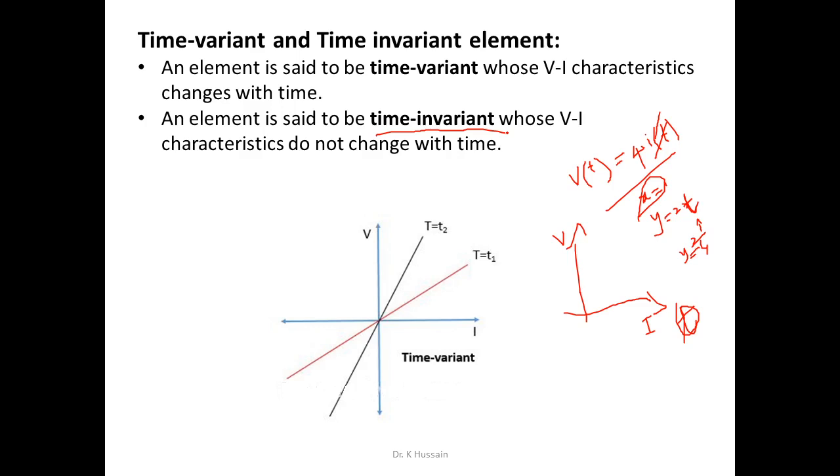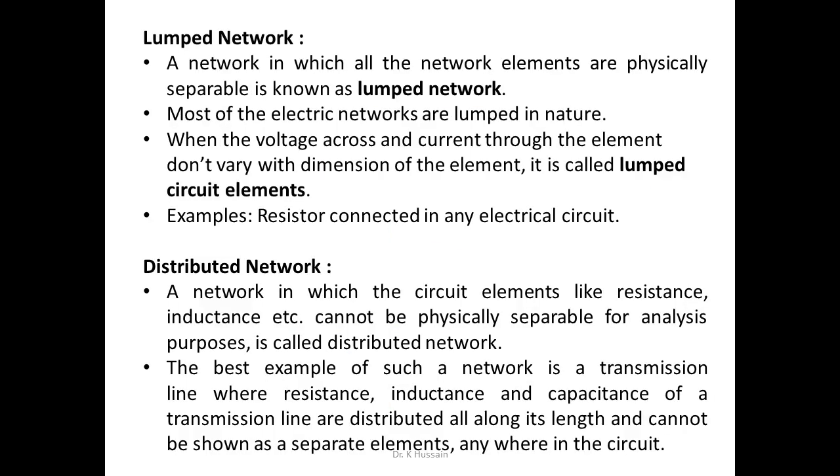Next, another classification is lumped element and distributed element. You can say lumped network or lumped circuit, and distributed circuit. A network in which all the network elements are physically separable is known as a lumped network. Most of the electrical networks are lumped in nature.